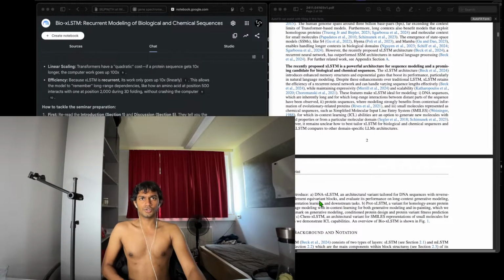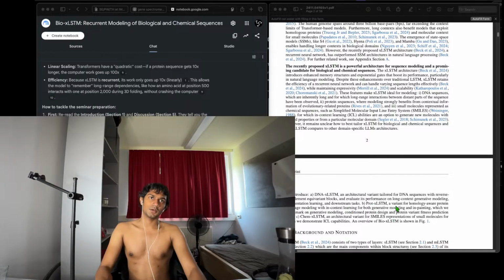We introduce DNA-xLSTM, an architectural variant tailored for DNA sequences with reverse-complement equivariant blocks, and evaluate its performance on long-context generative modeling, representation learning, and downstream tasks.